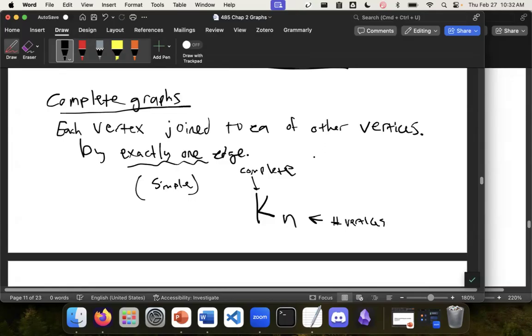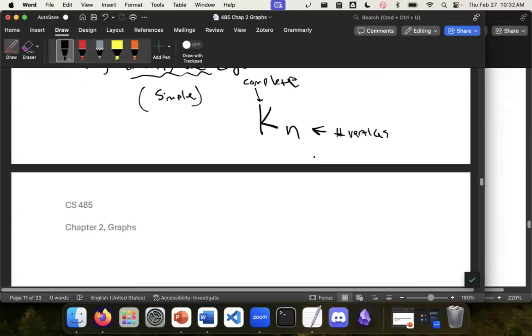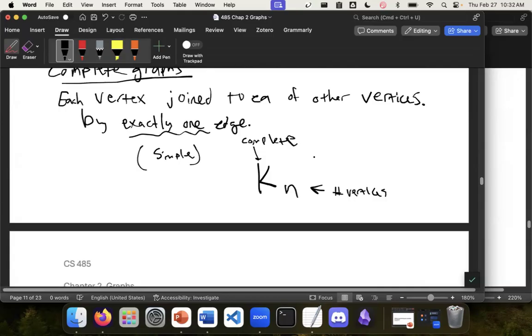Probably, I don't know, I usually blame German for this. Okay. Complete graph, every vertex is adjacent to every other vertex.